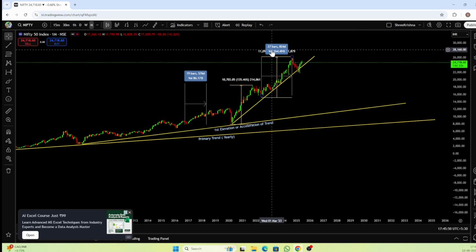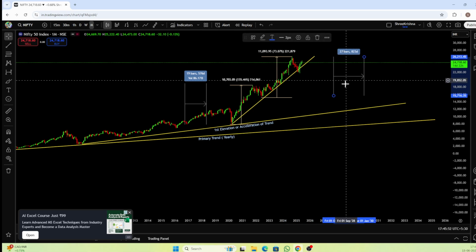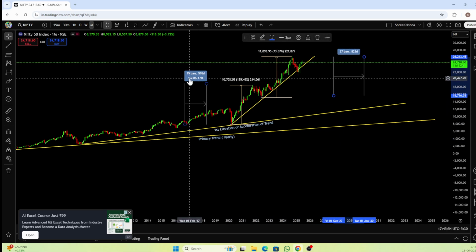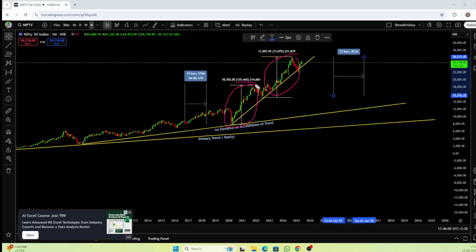So with this data, this is 27 bars and this is 19 bars. So the rate of change in this section was high and the rate of change in here is reducing. If the correction here took around 3,000 points, it has taken 1.618, that means 4,600 points.